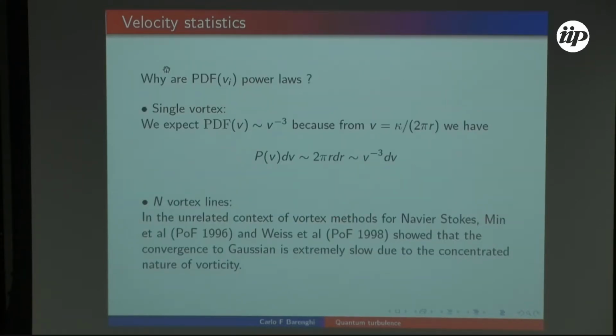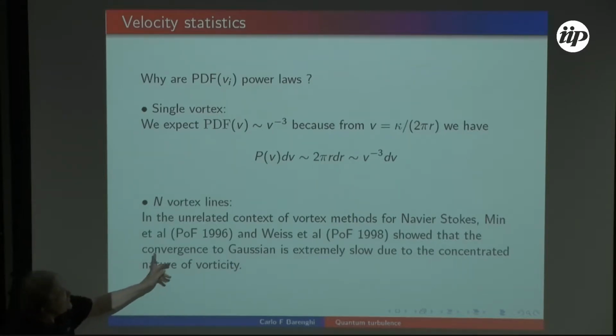So what's the reason? Well, the reason is, I think, the following. If you have a single vortex, it's easy to think that around the vortex, one vortex will induce essentially power law behavior, because the velocity field goes like 1/r around one vortex. Now, why should you get power laws if you have many vortices rather than Gaussian? Actually, it's more subtle.